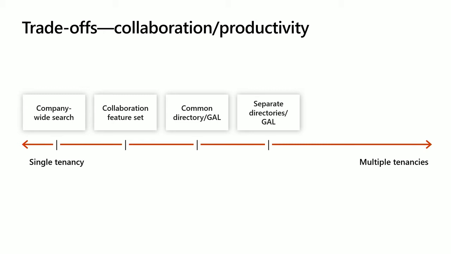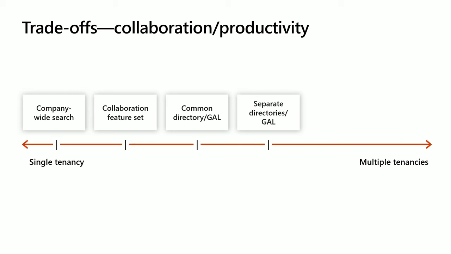In some cases, the tenants may have been created even geographically before Microsoft had multi-geo. So there could be situations where you have a single conglomerate that has multiple tenants, but those tenant boundaries don't really correspond to how the companies work.